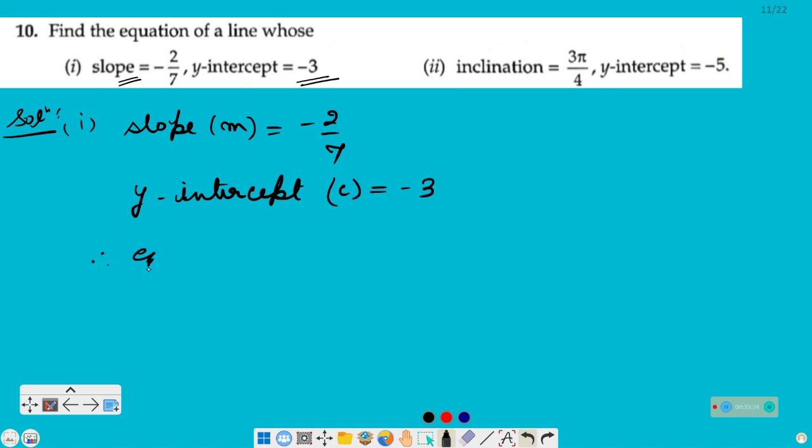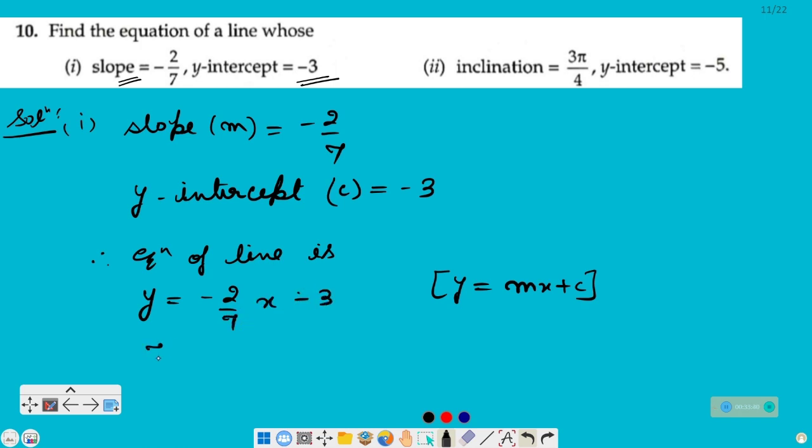So the equation of line is y is equal to mx plus c. Put the values. y is equal to m -2/7 and c is -3. Means equation of line 2x plus 7y plus 21 is equal to 0.